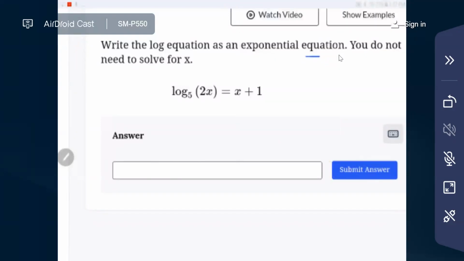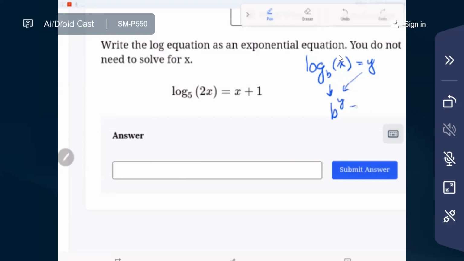And so on all of these, we're going to use this idea that log base b of y equals x: we keep the base, and then we switch this y over here and make that the power, and that equals x. And so that's how we solve all of these.